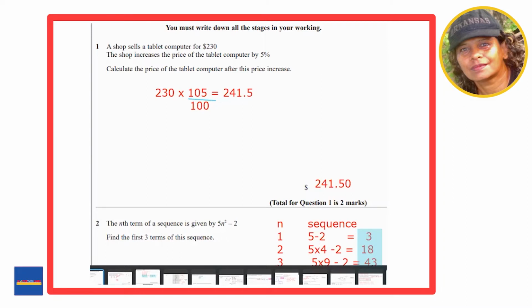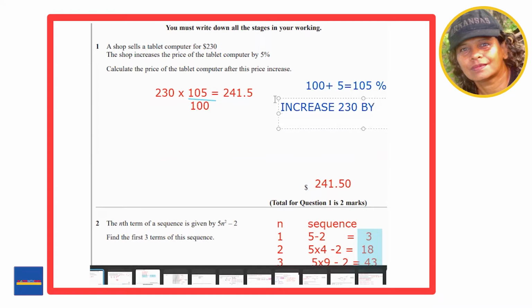Increasing anything by 5% means that we're going to add 5% to 100. So the first thing we do is we say 100 plus 5 is equal to 105%. That's the first piece of working that we do. And then we want to increase 230 by 5%.